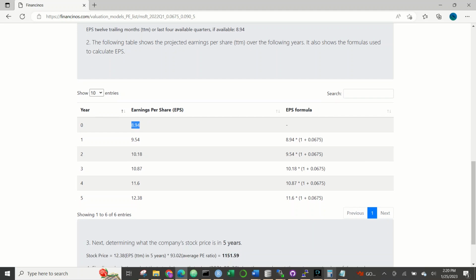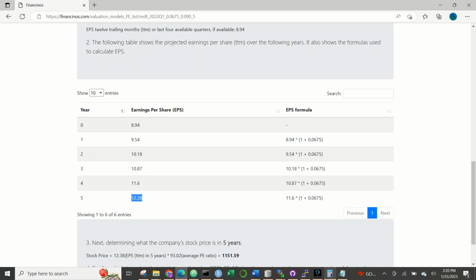In year 1, earnings per share was 9.54, because we take our earnings per share from year 0 and multiply it by 1 plus our conservative growth rate. So 8.94 times 1 plus 0.0675. And we pretty much do that until we get to year 5 here. Again, all the formulas are here.